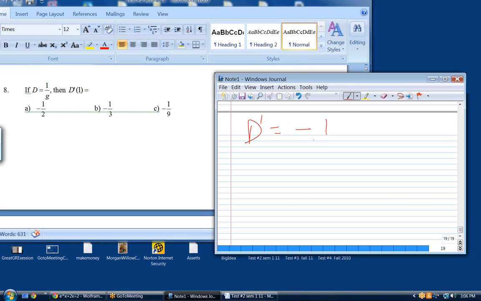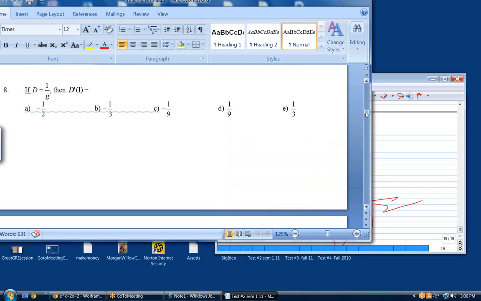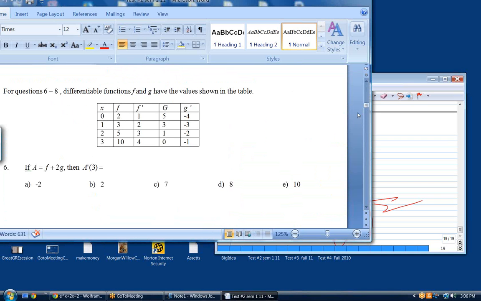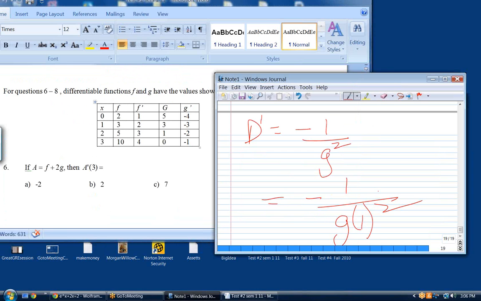It's minus 1 over G squared, because it would be G to the minus 1, so it'd be minus 1 times G to the minus 2. So D prime of 1 is going to be minus 1 over G of 1 squared. G of 1 is 3, so it would be minus 1/9.